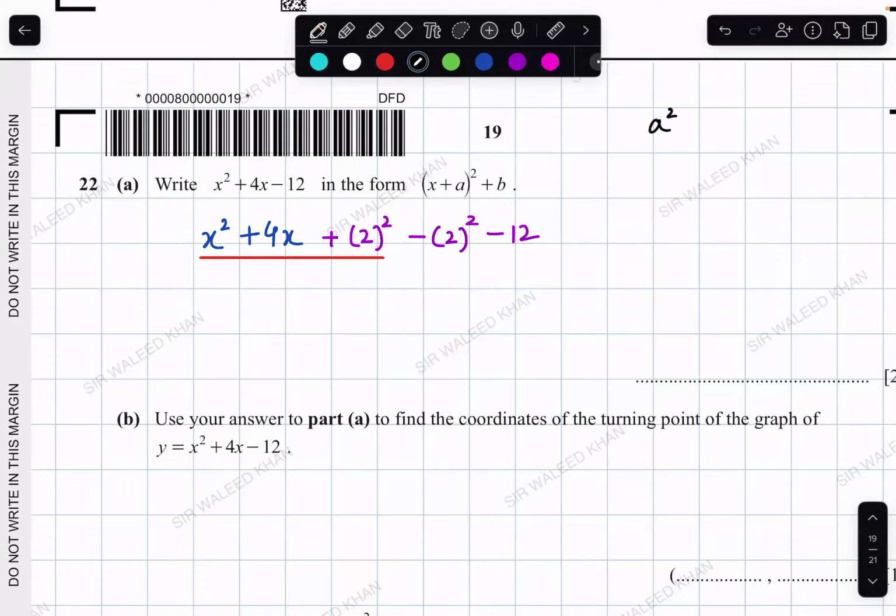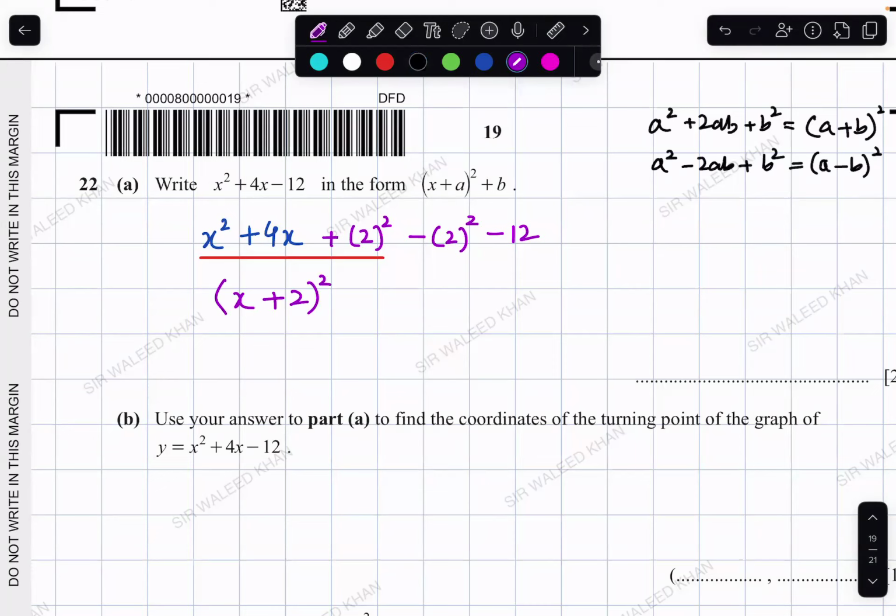Which one? a square plus 2ab plus b square, if it's in this form, then it will become (a plus b) whole square. And if it's in this form, then it will become (a minus b) whole square. So as we can see, the terms are positive. So I'm just going to collect the first and the last of the 3 terms and square it. Minus 4, minus 12. Okay. So we have (x plus 2) whole square, minus 16.